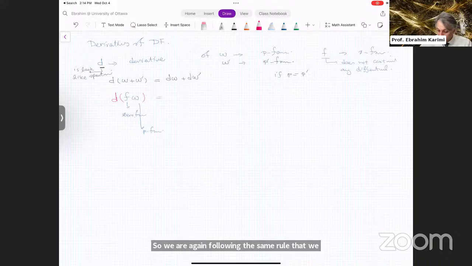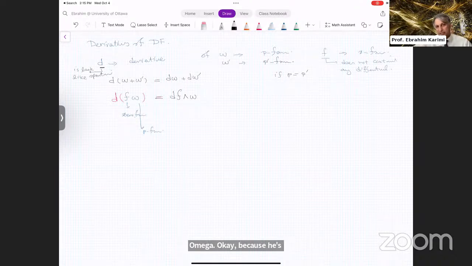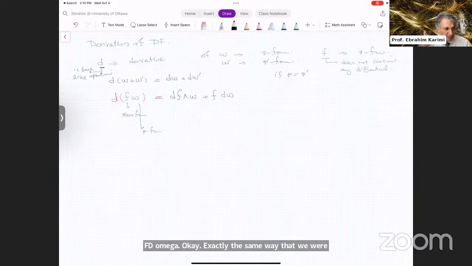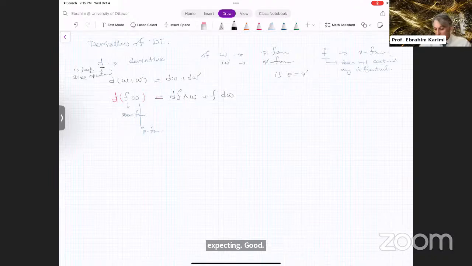The result of this will be the differential of the zero form, which gives us a one form, and then the wedge product with omega, because it's increasing the form by one order, plus F d omega. Exactly the same way that we were expecting. Good. That's the second rule that we have to learn, and it is very, very important.